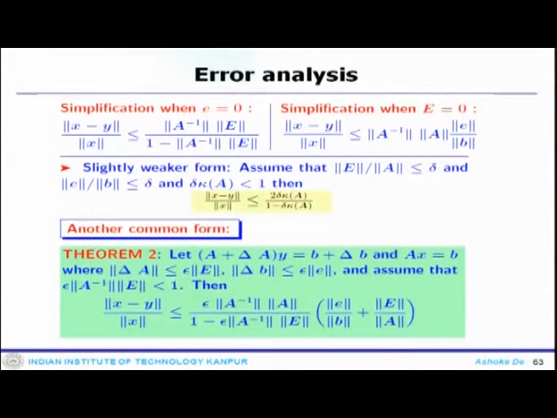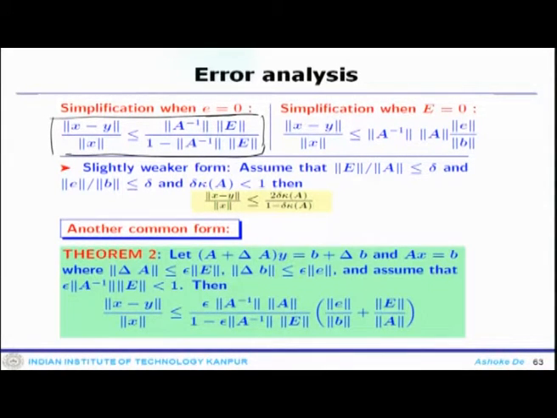Now, one can do some simplification to this kind of system. One immediate simplification is that you say E is 0. Then the norm of x minus y divided by the norm of x is less than or equal to this. So, it boils down to another inequality.